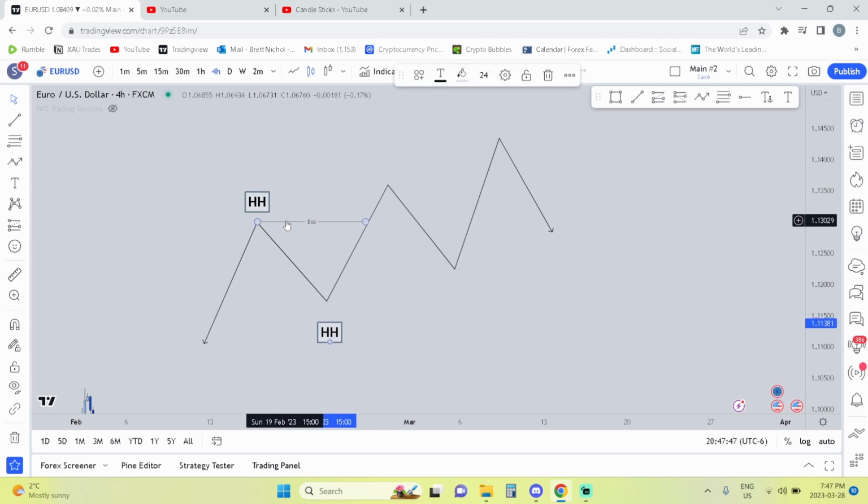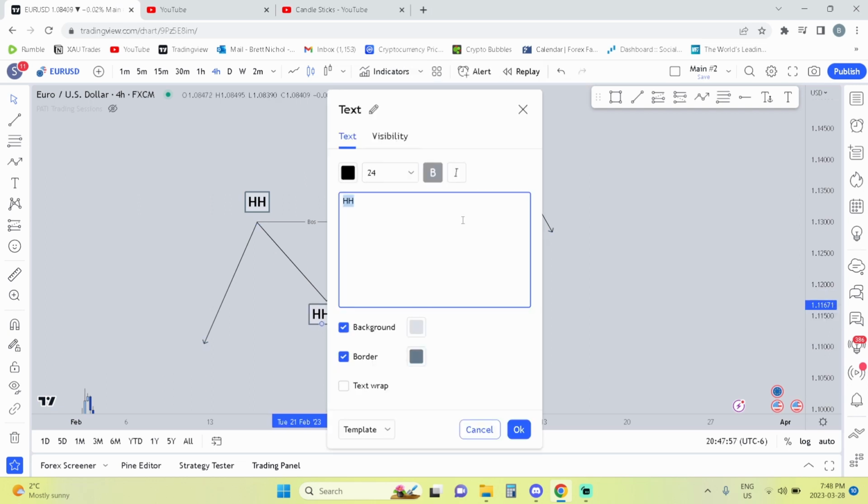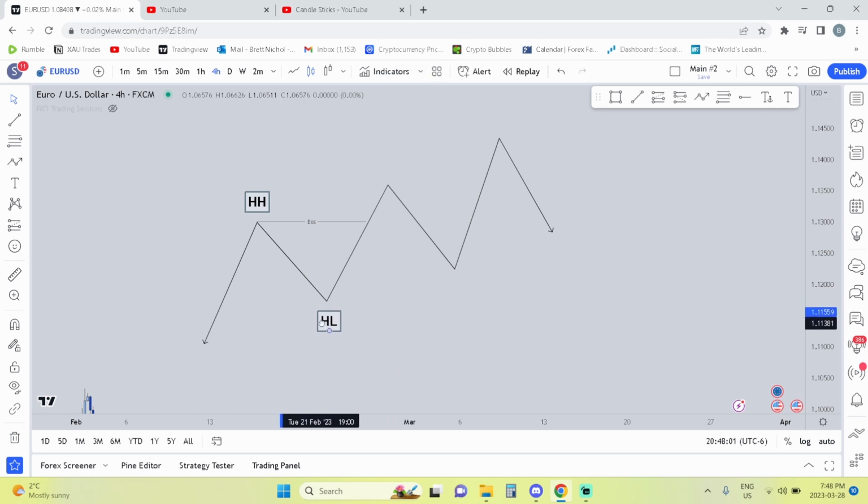So when this break of market structure happens and price breaks above the previous higher high, this point right here becomes a confirmed higher low. And this is a higher low because it's higher than this low right here.